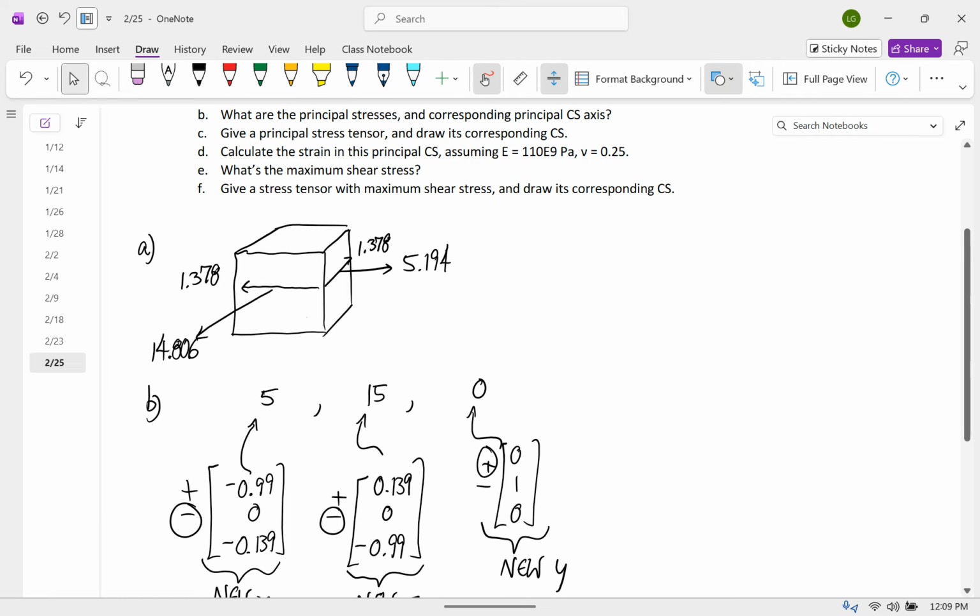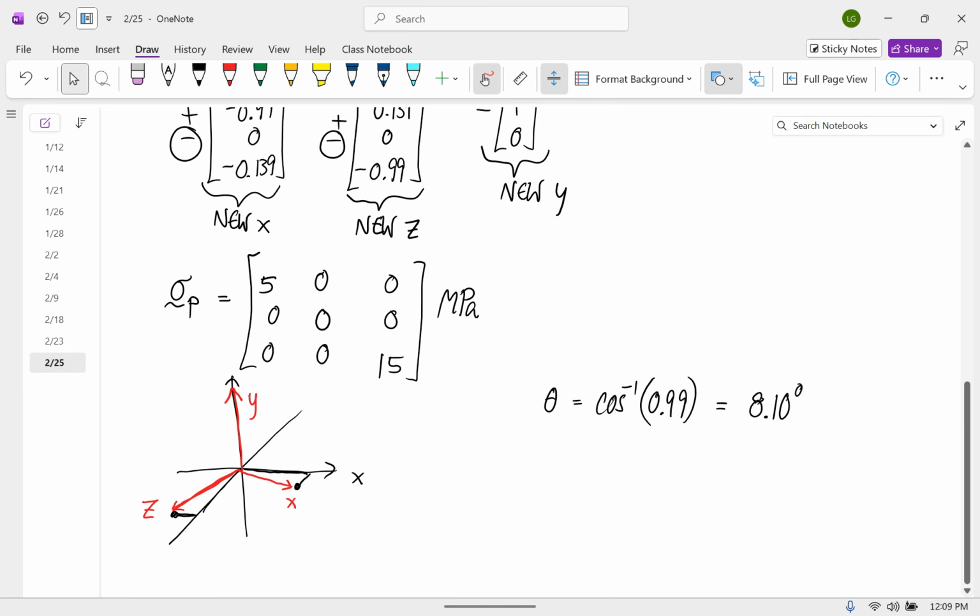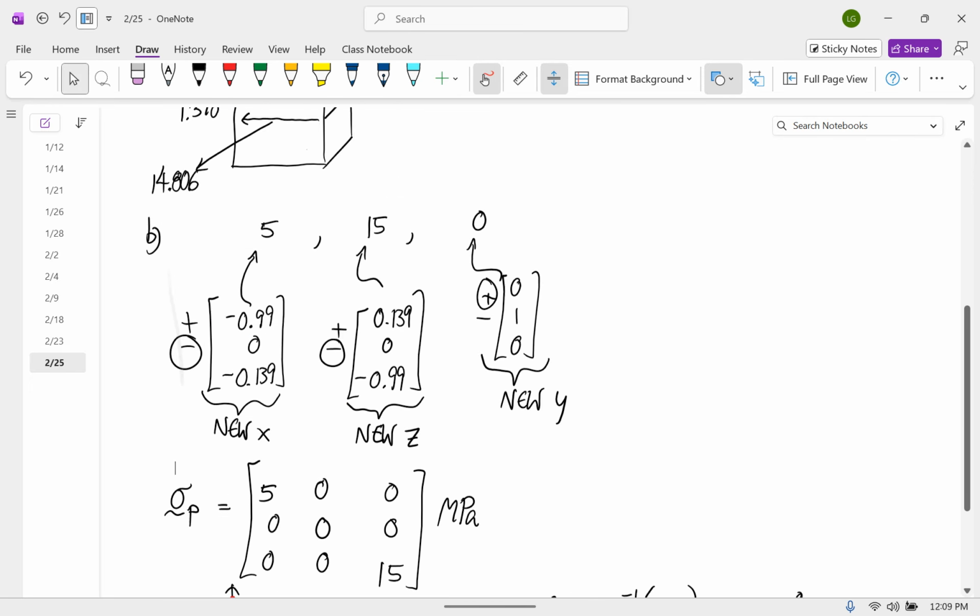And then I will multiply that by my principal stress tensor in Voigt form.